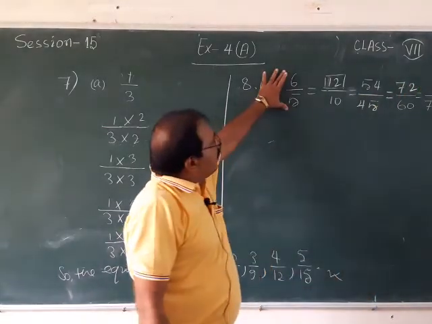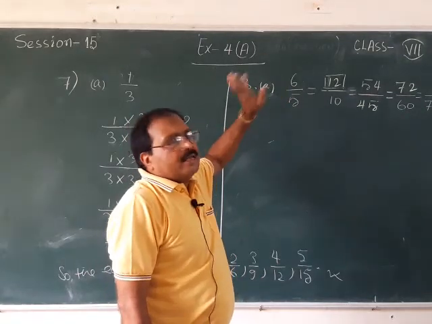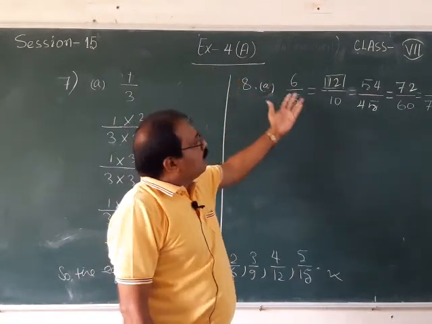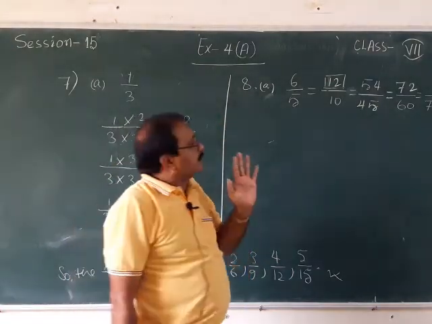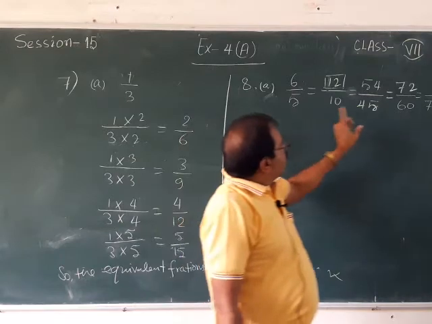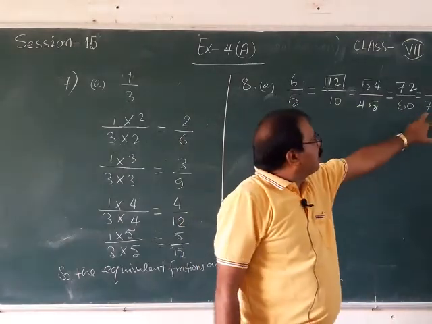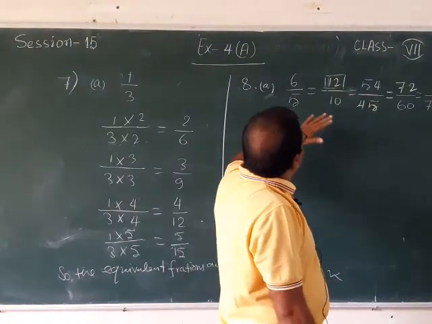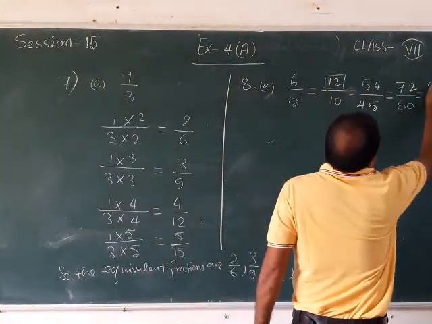So the numerator and denominator must be multiplied by the same number, then you will always have an equivalent fraction to the given fraction. Here also you can see 75 is there. So 5 multiplied by 15 will give you 75. Again if I multiply 15 into 6, it will give me 90.